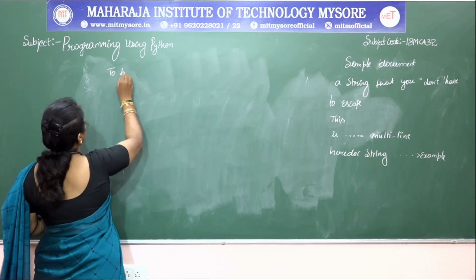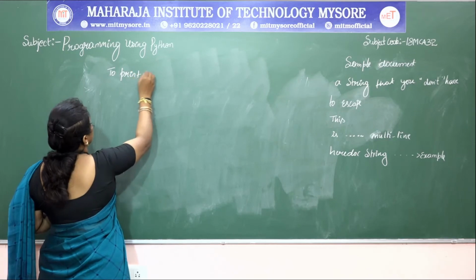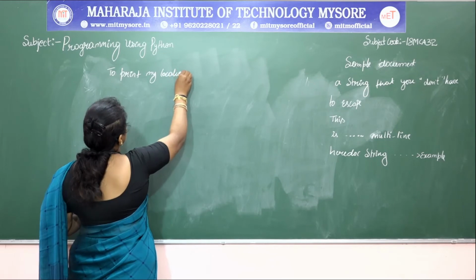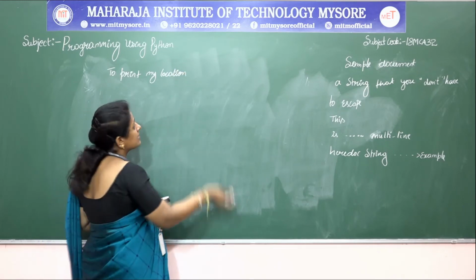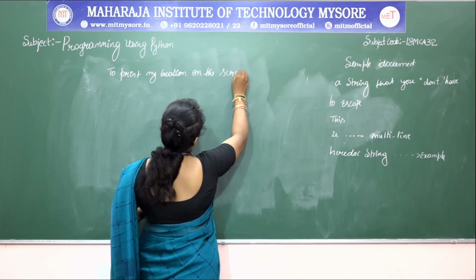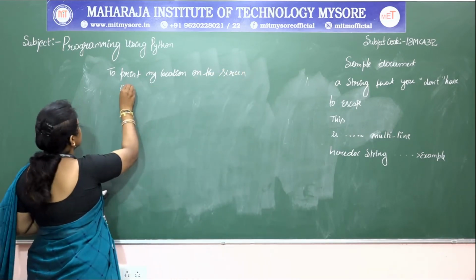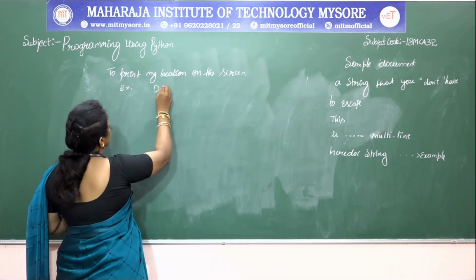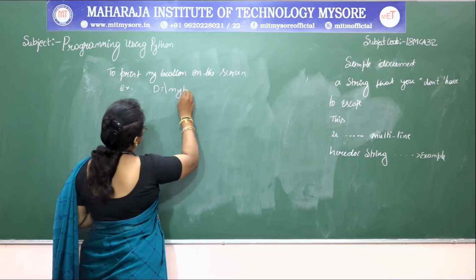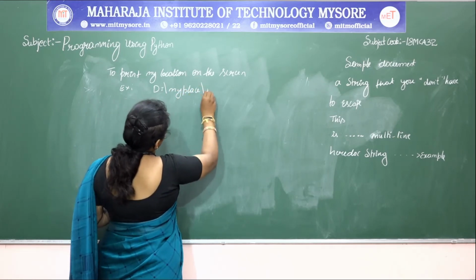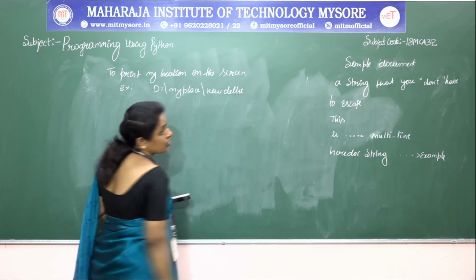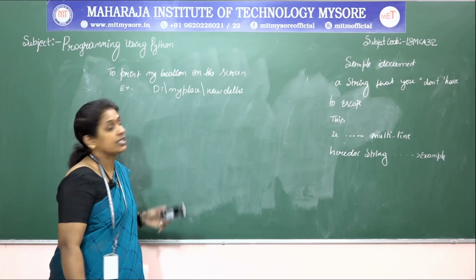An example is D colon my place slash New Delhi. So this is what I want to print on my screen.